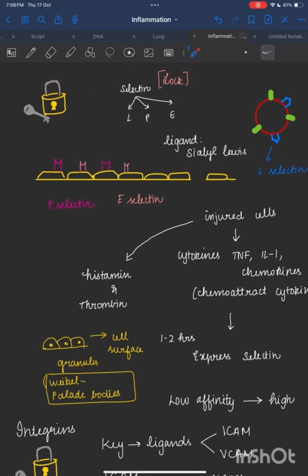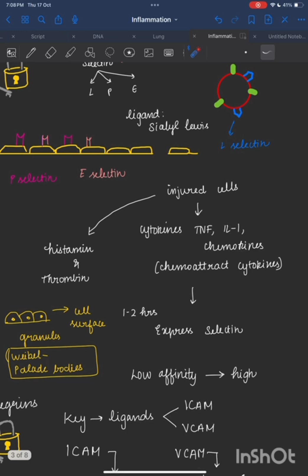Selectin is the lock and the ligand is the key. It won't actually help in firm attachment, but it will reduce the speed of the leukocyte. It will help in rolling of the leukocyte.